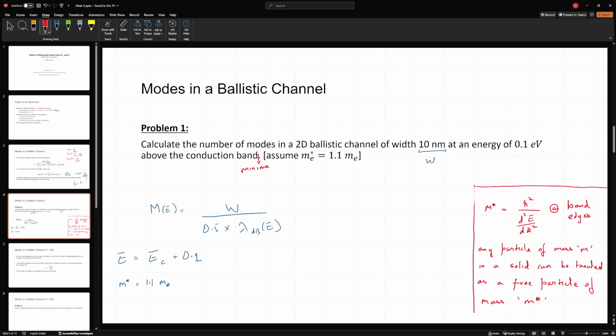Now I know any particle at the conduction band minima can be treated as a free particle of mass m star. Essentially, whatever crystal potential it is having, I'm averaging over all those crystal forces that are being applied, to treat it as a free particle of a slightly different mass. This is the reason why sometimes we also get the idea of a negative effective mass when we look at holes in the valence band.